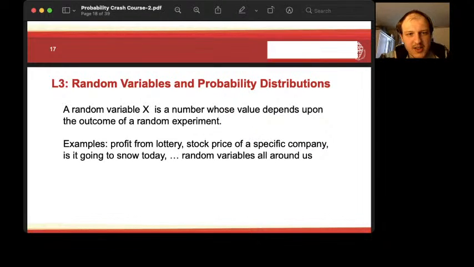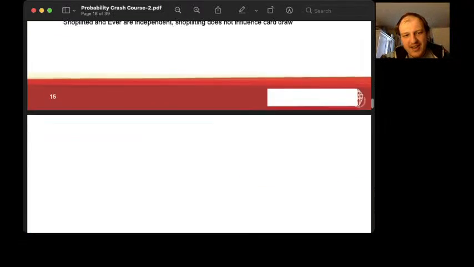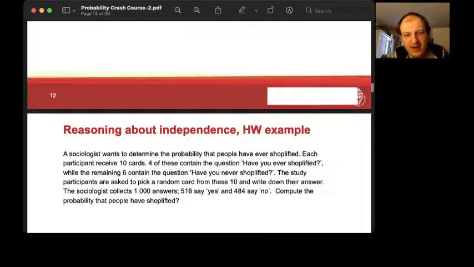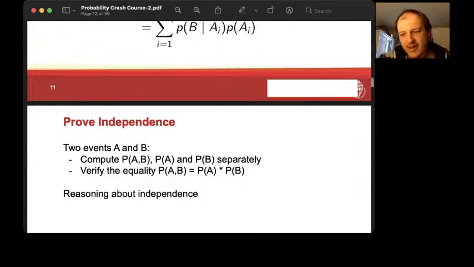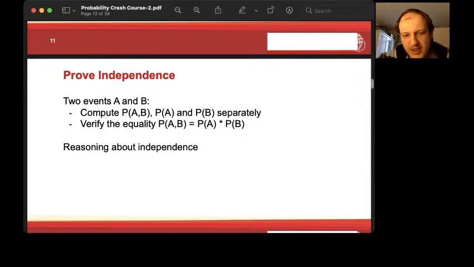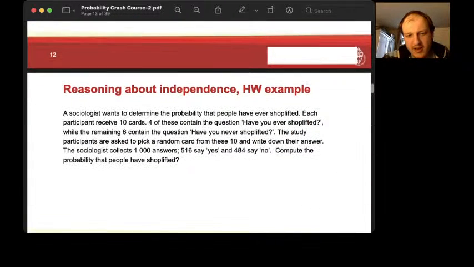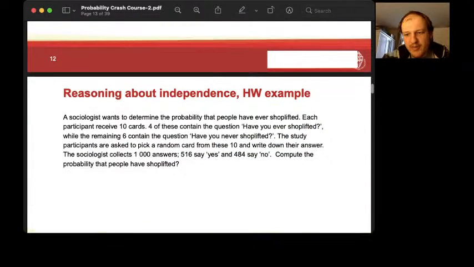If you can get these three values, then you don't need to reason about it. You can just prove it. If it's possible to compute these three values, there's no need to reason about it. You can just compute it and prove that is the case. But for example, here you don't have access to the joint probability.